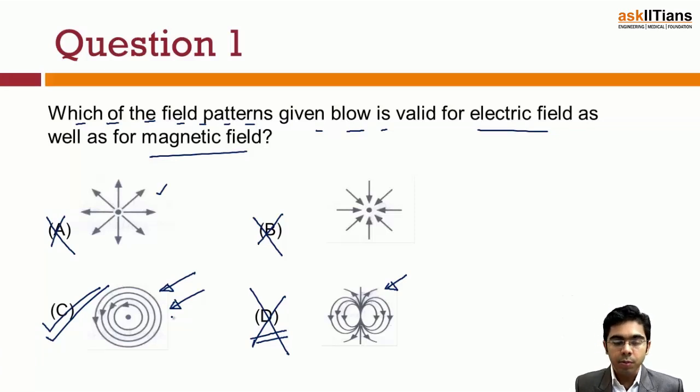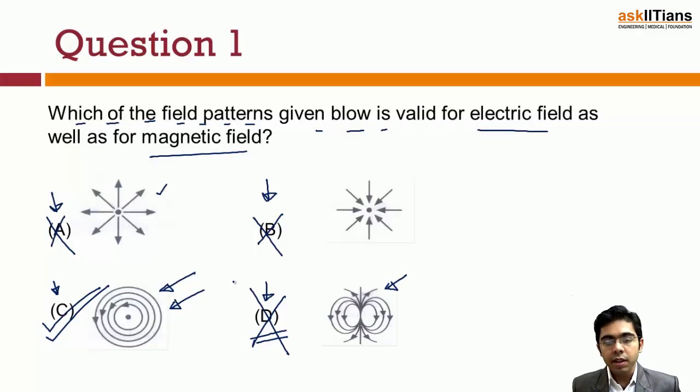So option C is valid for this. How did we get to know that option C is correct? First, we saw that option A was incorrect, option B was incorrect, also option D was incorrect. So the only option which is left is C. Therefore, it is correct.